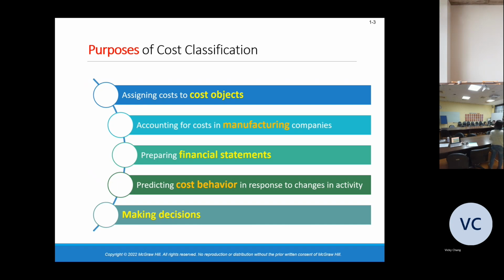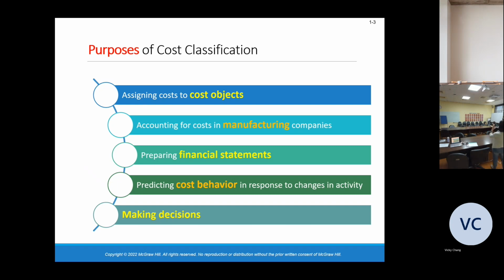What is a cost object, right? Any product or any service can be a kind of cost object. Any type of product or any type of service can be part of the cost object.